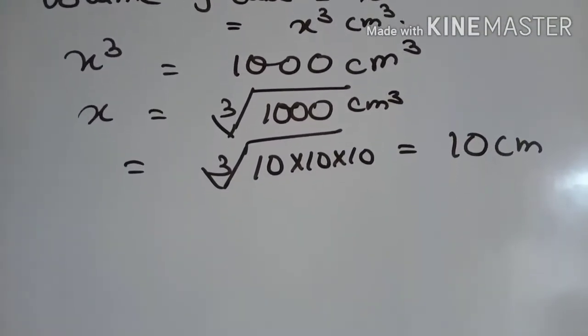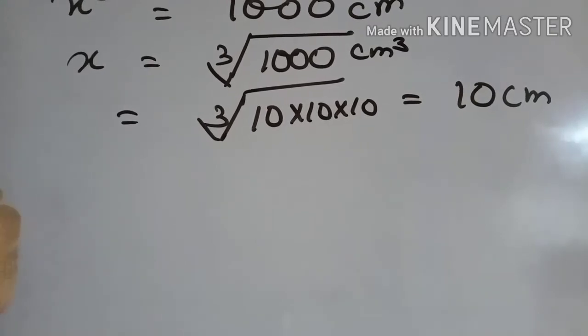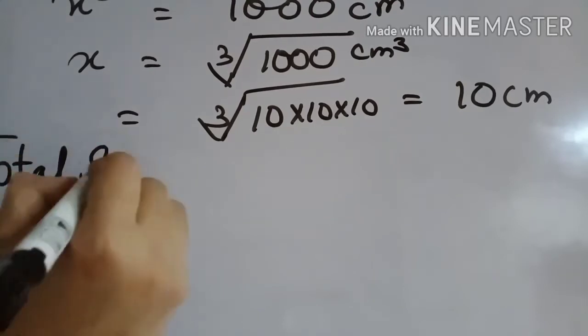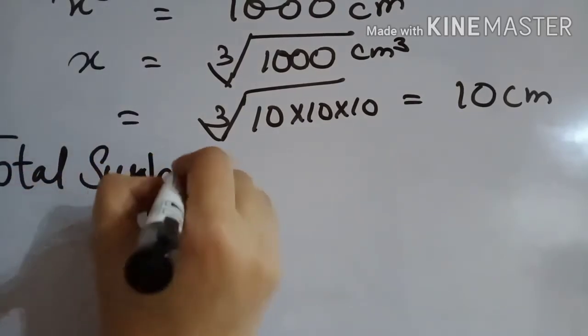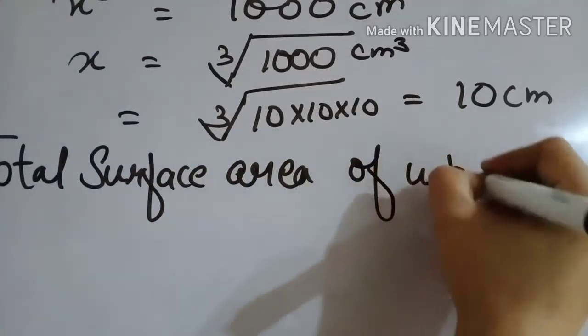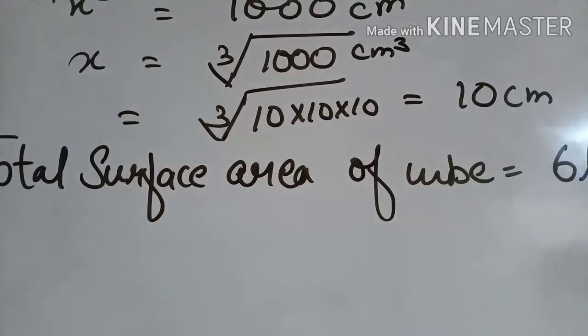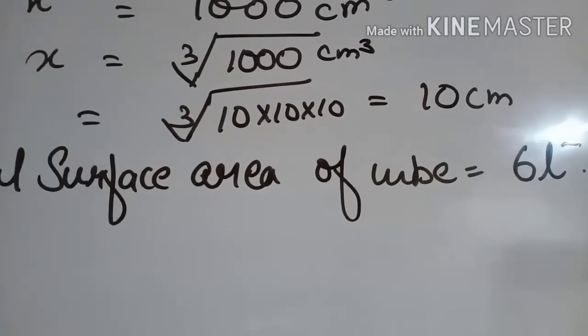Now you have to find the total surface area. You have learned the formula for the total surface area of a cube: 6L square. All the sides we are going to take, 6L square.